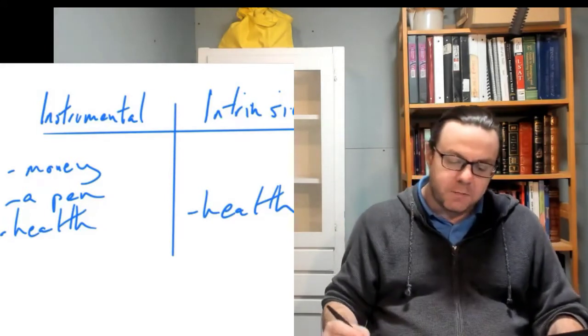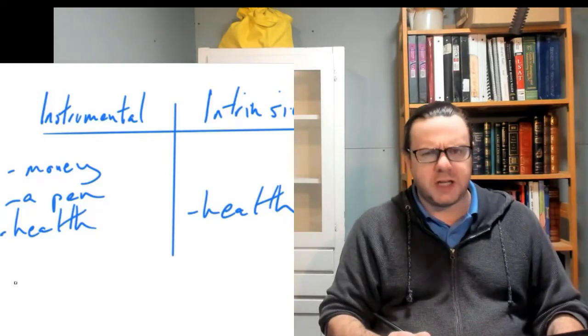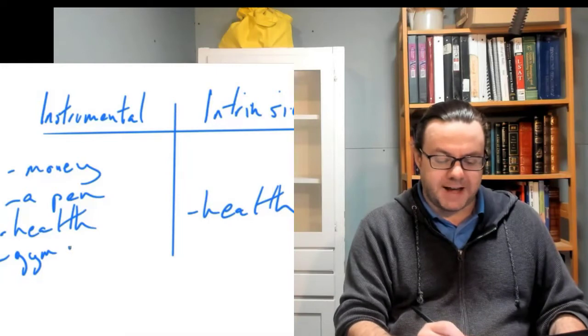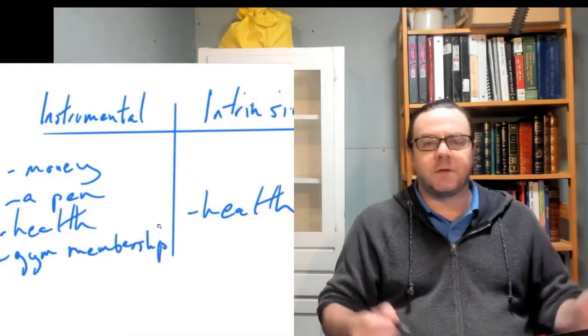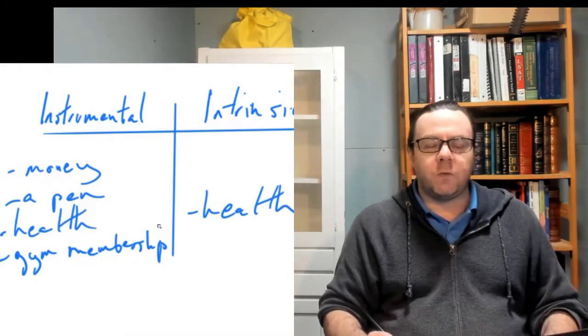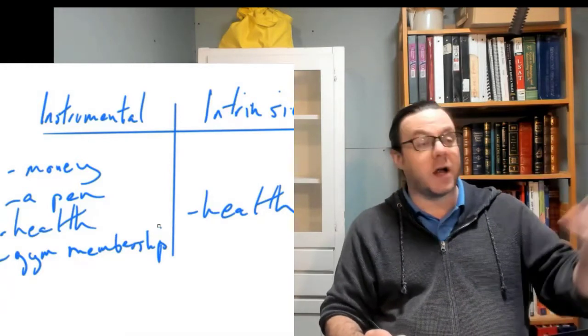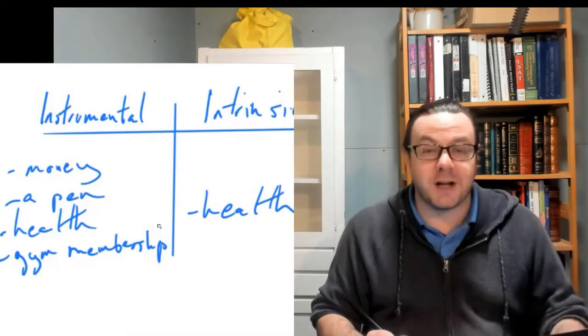So, for example, gym membership seems purely instrumental, right? There's no intrinsic value in a gym membership. If you're not going to do anything with it, you wouldn't want it at all. And what do you want it for? Well, because you can go there and work out, and it gets you towards health. At least it gives you the chance to, right?